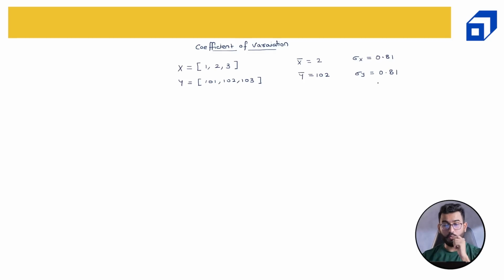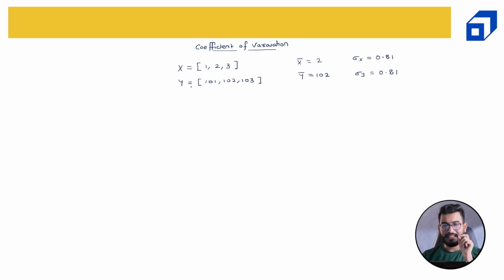Now, both X and Y have the same standard deviation. Can I say that they have the same variation? If you closely observe, you will find that this is not true. In series X, the third element, which is 3, is 3 times the first.